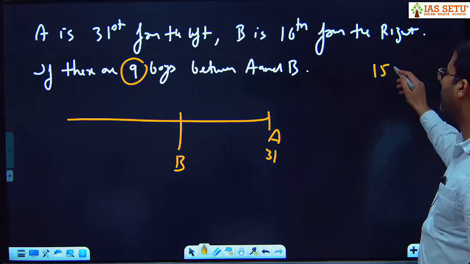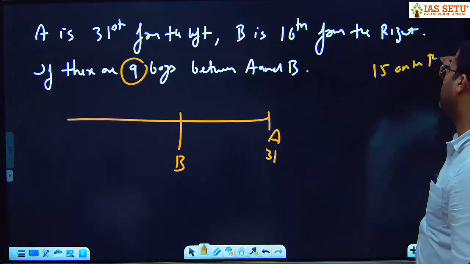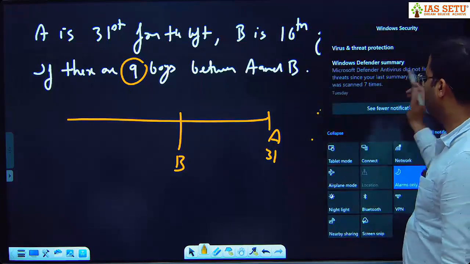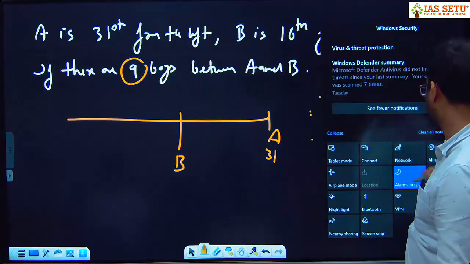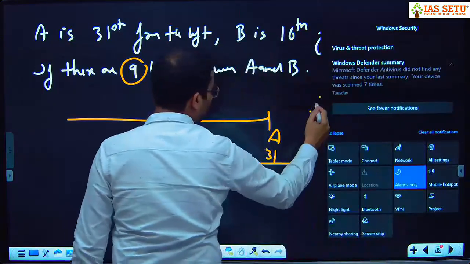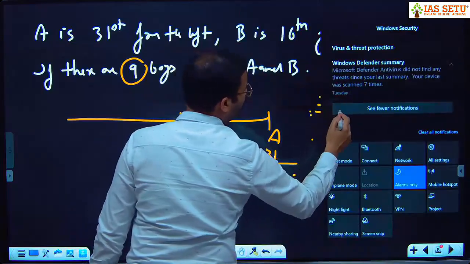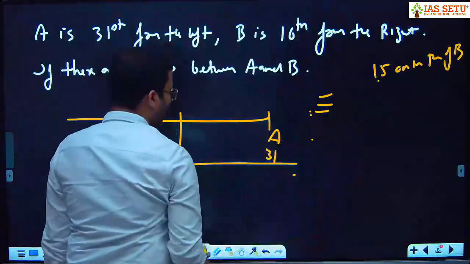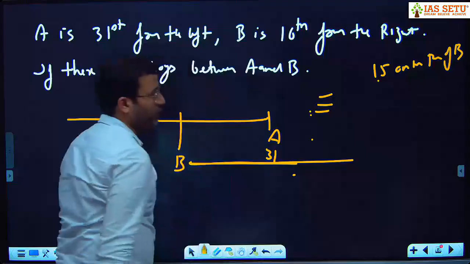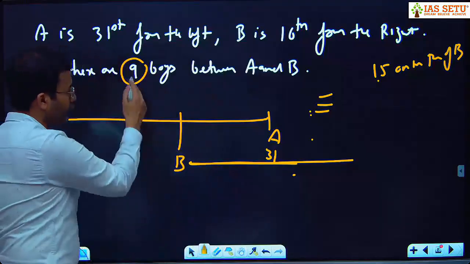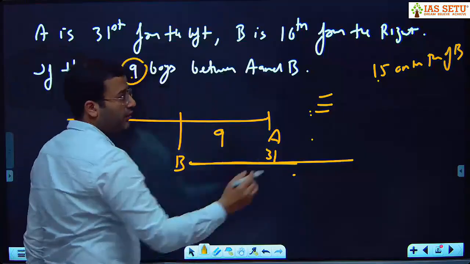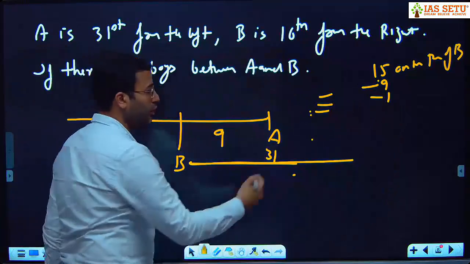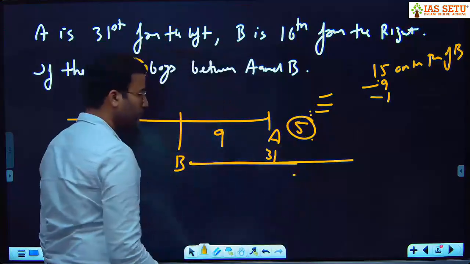So there should be 15 on the right of B. B के right में 15 होने चाहिए. 9 is already there. 10th one is A. So out of 15, 9 and the 10th one is there. How many extra do you need? You need 5 extra. अब इसको भूल जाओ.